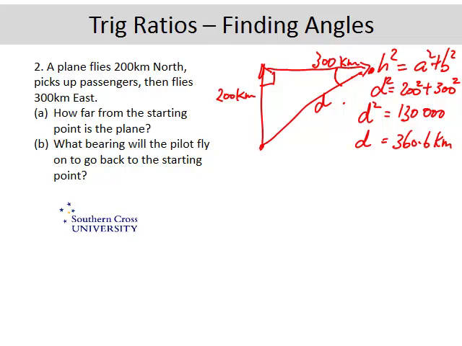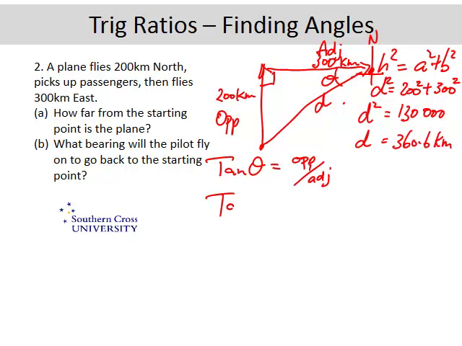So we're going to need this angle here, and we need to think of a little compass sort of bearing thing here, and we'll need this angle theta. And the ratio that we'll need to use this time will be tan, because this side here is the opposite and this side here is the adjacent. So tan theta is equal to opposite over adjacent.